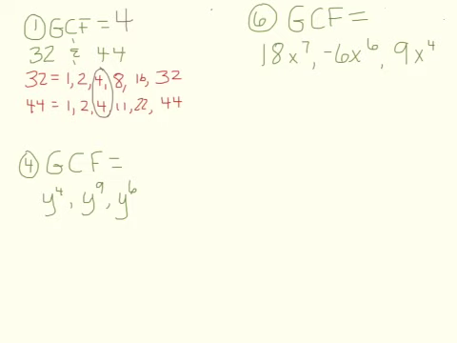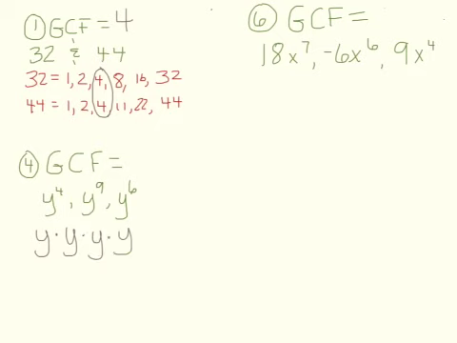Now let's move on to finding the greatest common factor of just variables. So I want to find here on number 4 the greatest common factor of y to the 4th, y to the 9th, and y to the 6th power. Now this is actually probably a little bit easier than finding the greatest common factor of numbers. Now remember that y to the 4th is the same thing as y times y times y times y.